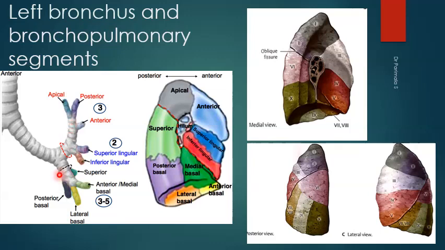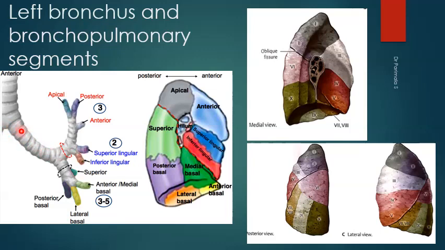Then coming to the intrapulmonary part of the bronchus, it gives off two secondary bronchi, or two lobar bronchi, for the two lobes of the lung, upper and lower lobe. The upper lobe bronchus arises about 5 centimeters distal to the bifurcation of trachea.